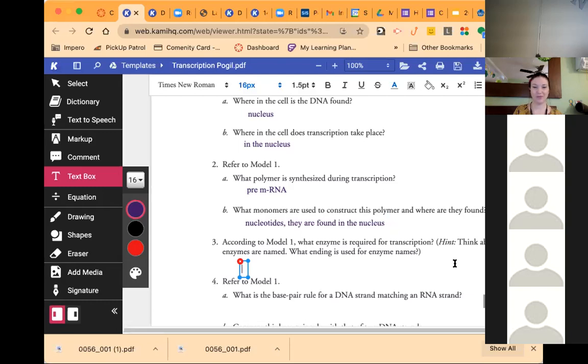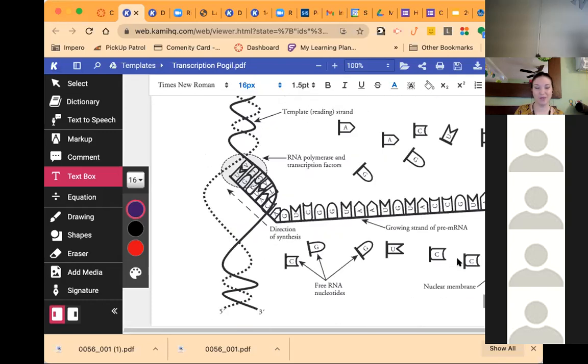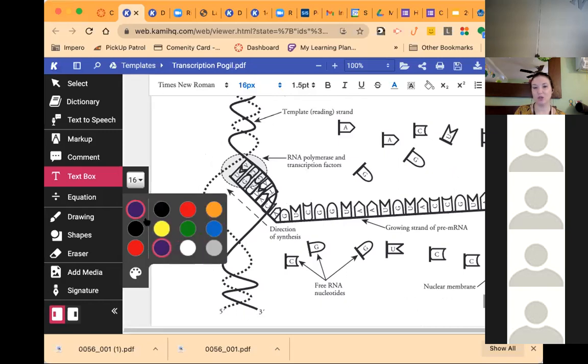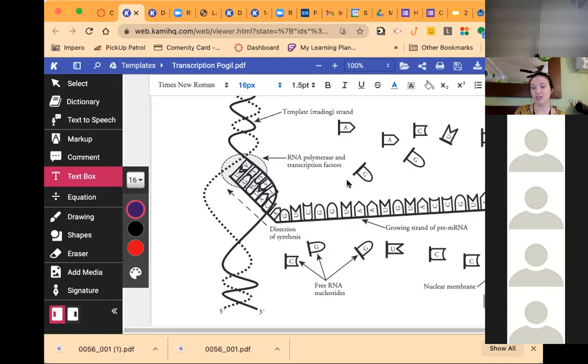I just don't know the answer. Okay, well let's scroll up and see. Does anyone know the ending for all enzymes? I think we've talked about it before. Okay, all enzymes end with ASE. So it's something that's doing something, because that's what enzymes do, and it ends with ASE. So what is the enzyme? It was also in our notes today, May. And I'm pointing to it.